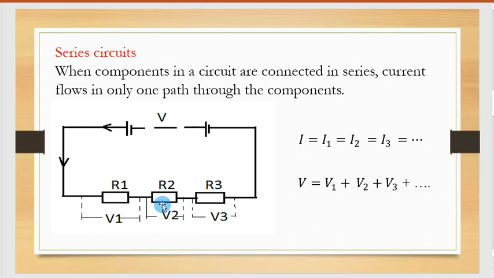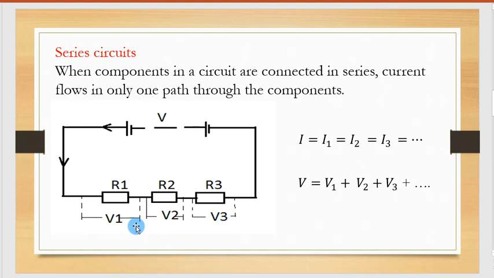In this case, the EMF is the total voltage provided by the battery, but the voltage across R1 is V1, the potential difference across R1. The voltage across R2 is V2, and the voltage across R3 is V3.